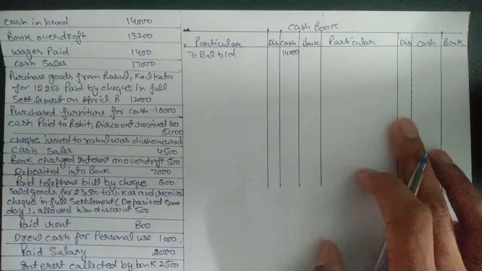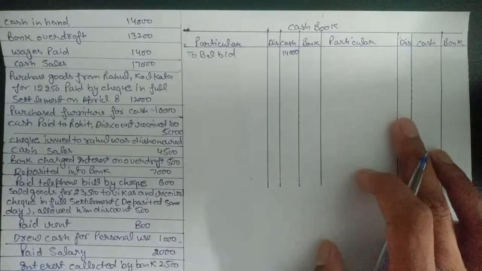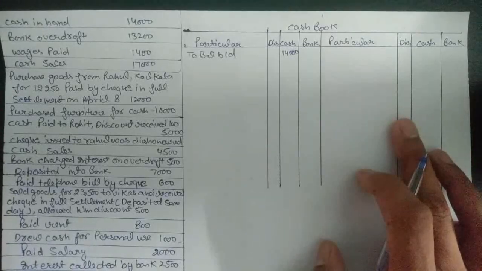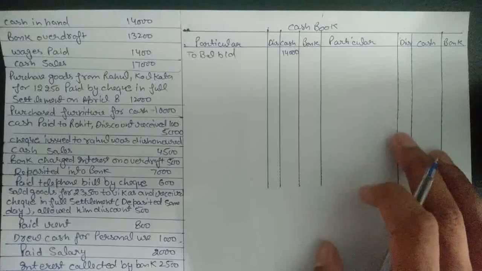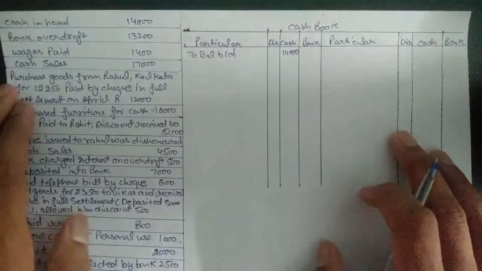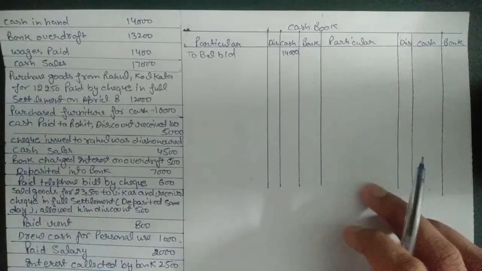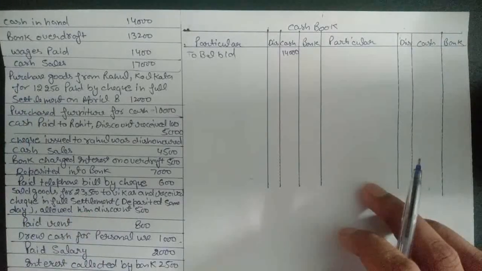If we have 10,000 balance in our bank account and we need 15,000 urgently, the manager of the bank can allow a little amount of overdraft to withdraw from our bank, so we can use that amount to pay our debts or anything. If we need 15,000 and we have a balance of 10,000, the remaining 5,000 that we are withdrawing from our bank account is bank overdraft.